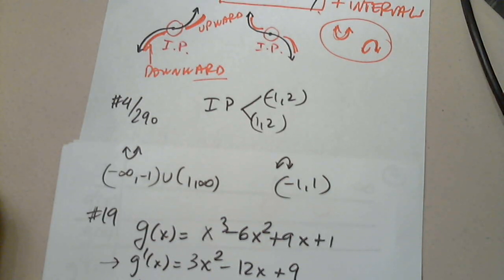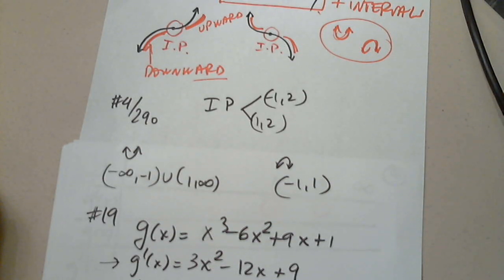So go to y equals, clear everything, and put in the function x cubed minus 6x squared plus 9x plus 1. And we go to second and table and quickly plug in 1 and 3.